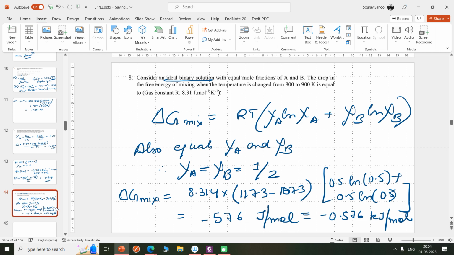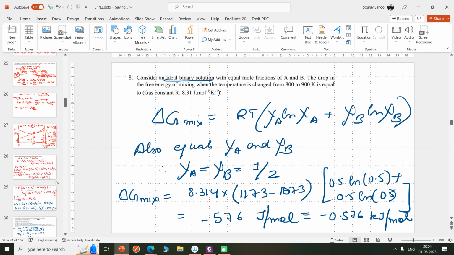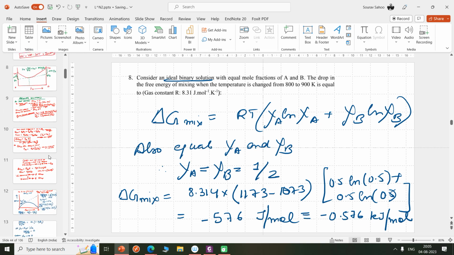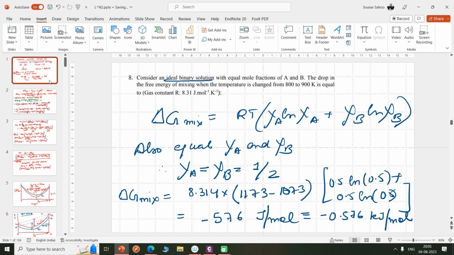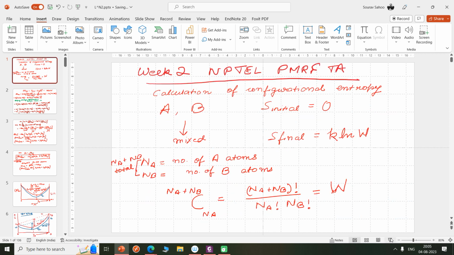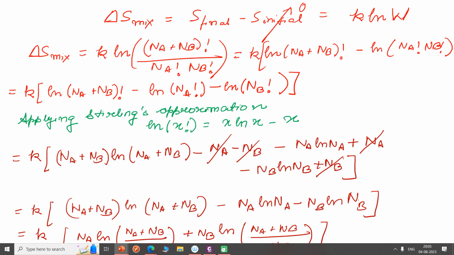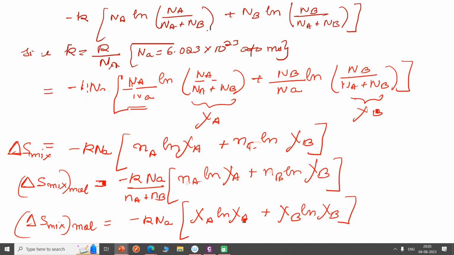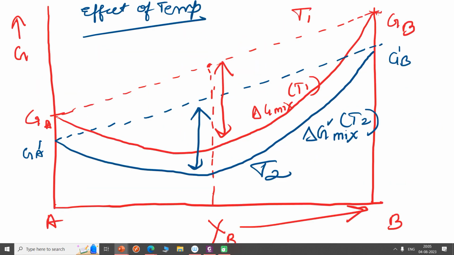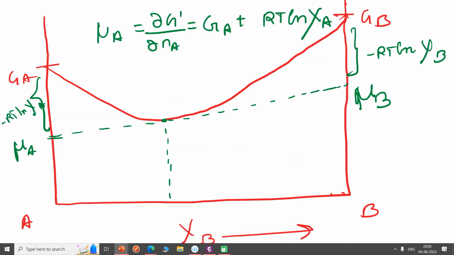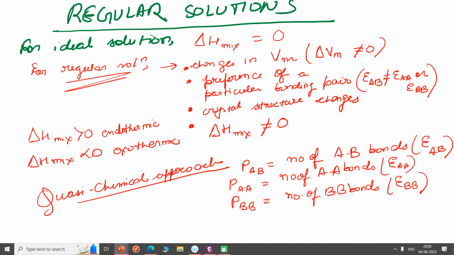So we have seen the concepts related to entropy, starting from the calculation of configurational entropy, and then how we can apply the entropy calculation to find the free energy, and then how the temperature changes, the chemical potential, the variation of chemical potential with the free energy, and what regular solutions are, and how you calculate the enthalpy of mixing.